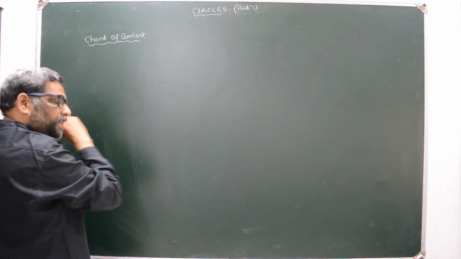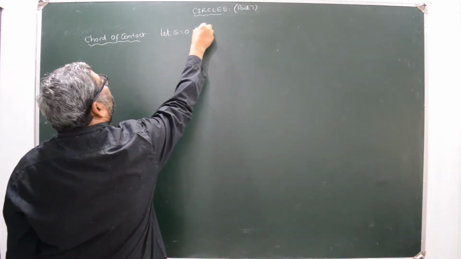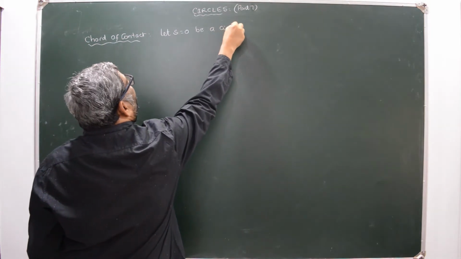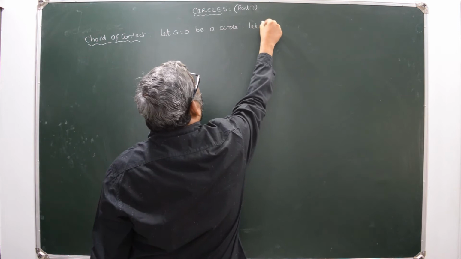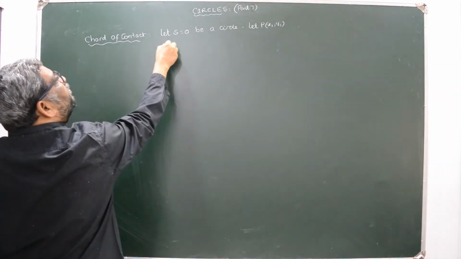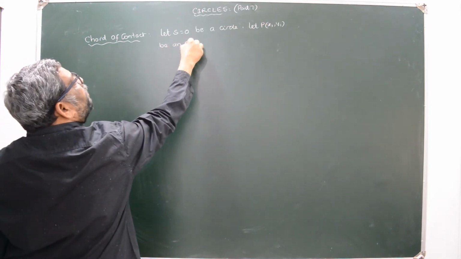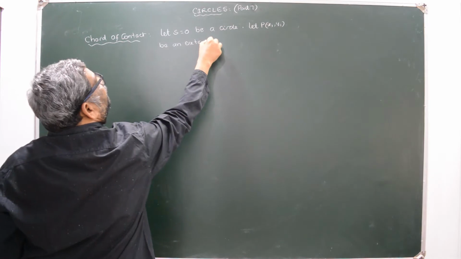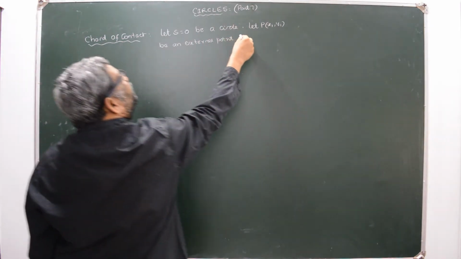What is meant by chord of contact? Let S = 0 be a circle. Let P(x1, y1) be an external point to the circle.